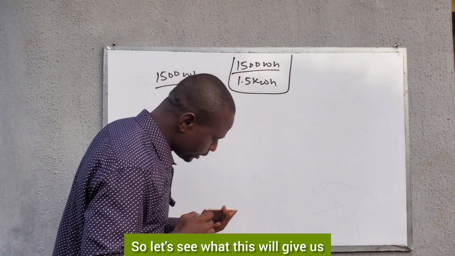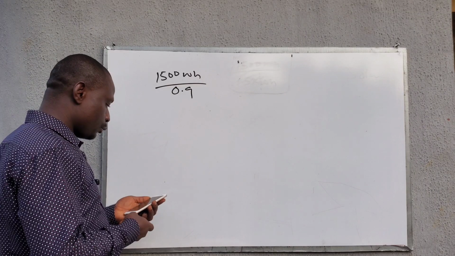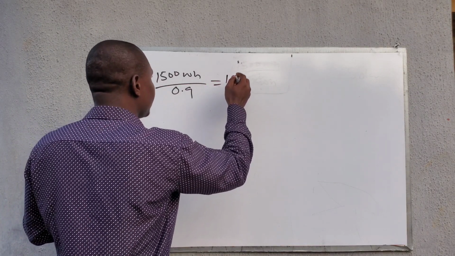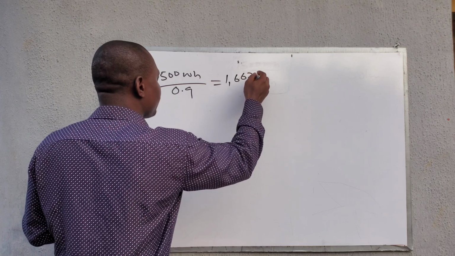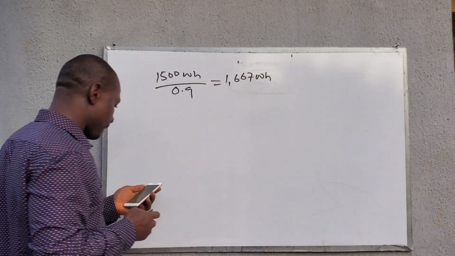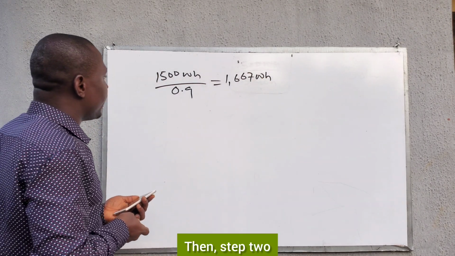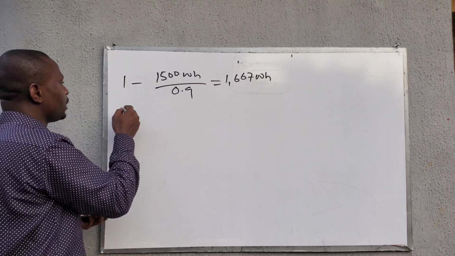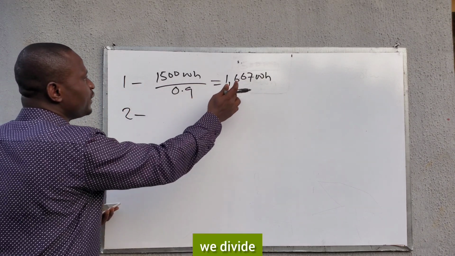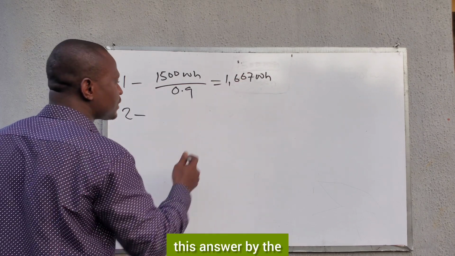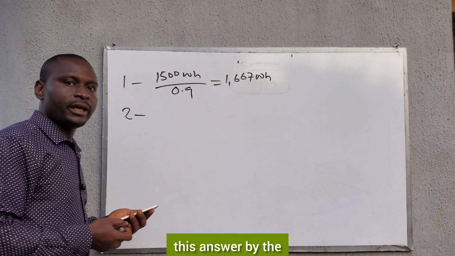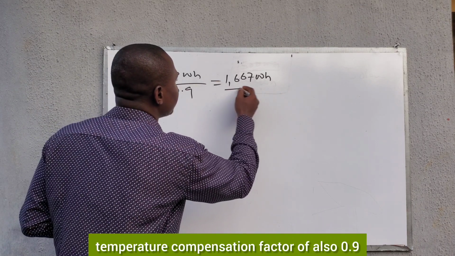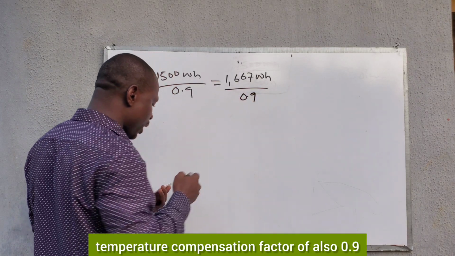So let's see what this will give us. It will give us 1,667 watt hour. Then step 2, we divide this answer by the temperature compensation factor of also 0.9.